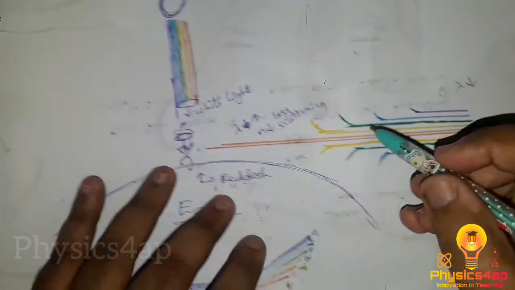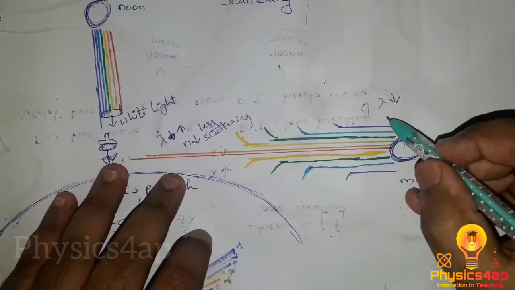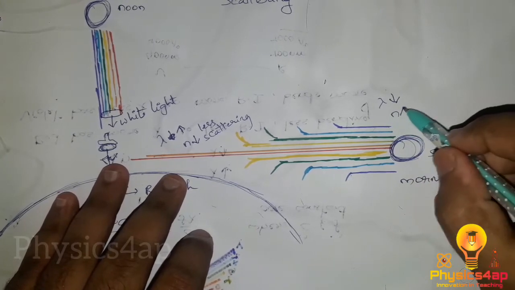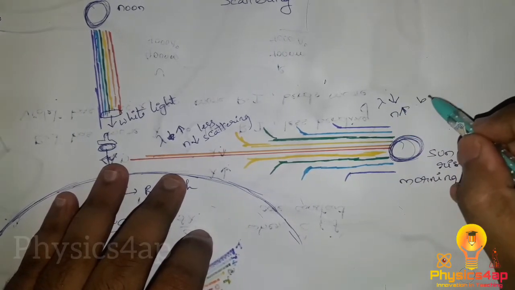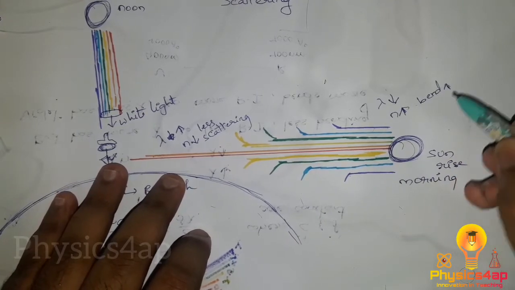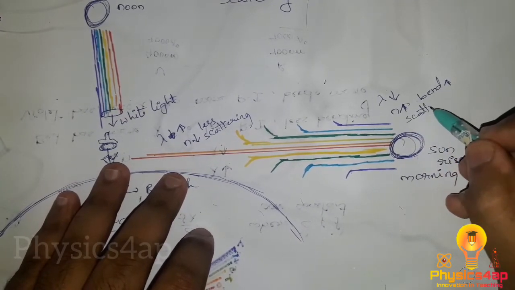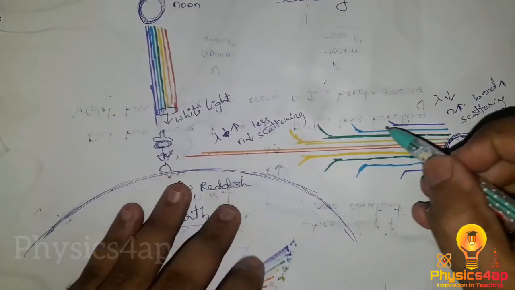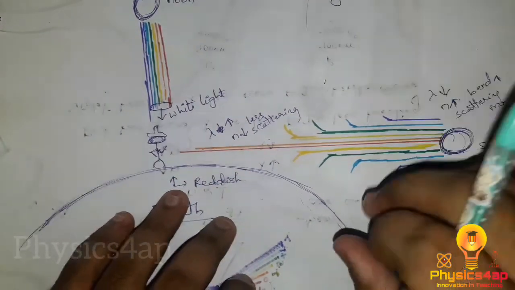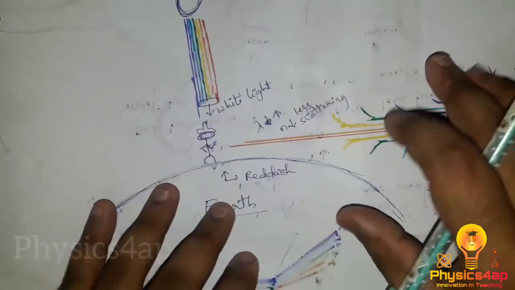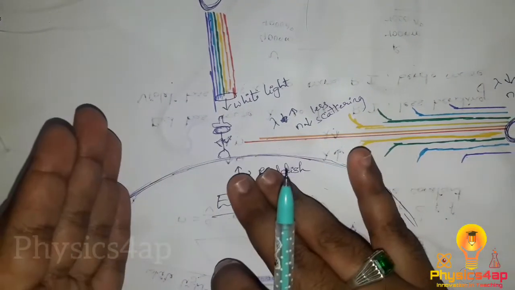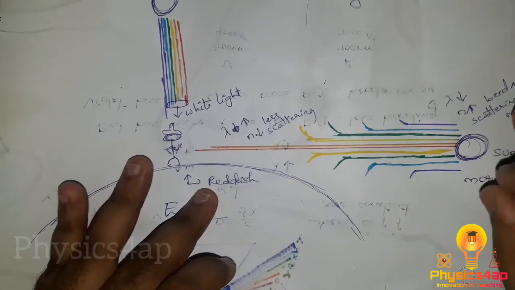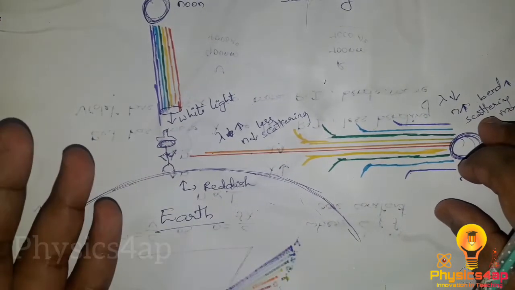But for violet, as it has less wavelength, the refractive index is more, the bending is more and the scattering is more. That is why all the remaining colors are scattered away, not reaching us, and only the orange and reddish come near to us. So it appears reddish orange during sunrise or sunset.